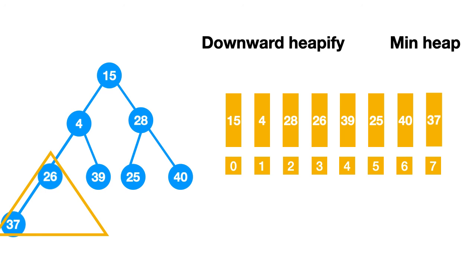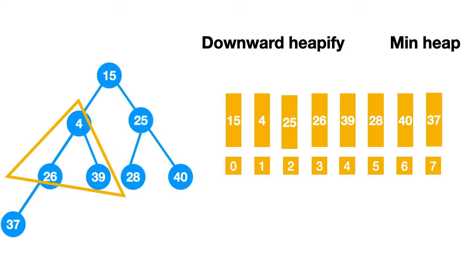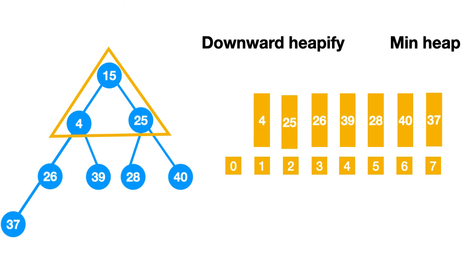Since 25 is smaller than the other child, we compare it with its parent. 25 is smaller, so we exchange them. Next, we compare the little tree where 26 is the left child. It looks fine. And then we look at the root which combines the subtrees. Its left child is smaller than the right child. The left child is also smaller than the root, so we exchange their positions using downward heapify.